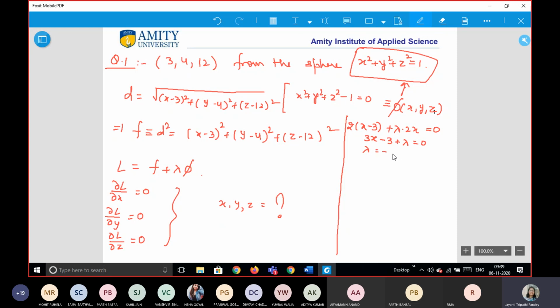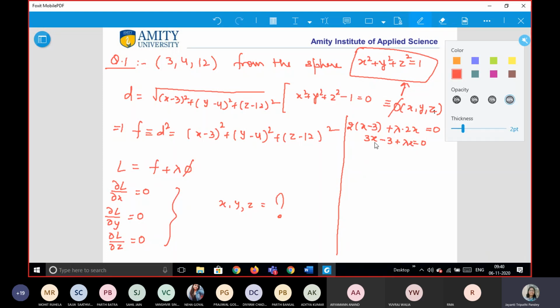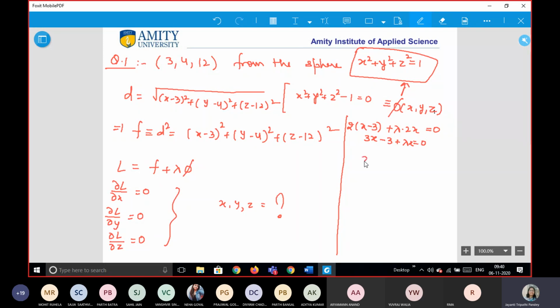Just a minute, I missed one x. When you solve for x, you take out this common, so x is equal to 3 upon 1 plus lambda.